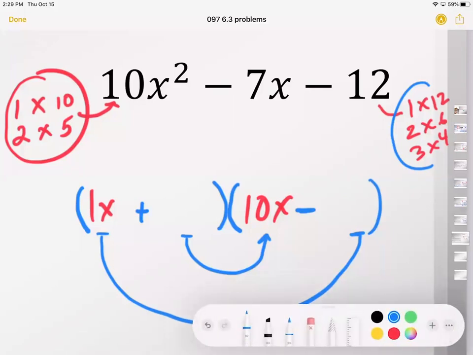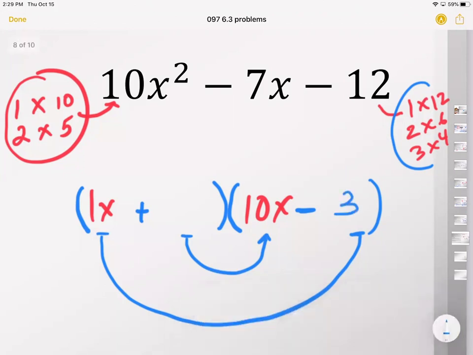If I do the 3 and the 4, I can only put the 3 here and the 4 here. If you FOIL them out, 4 times this gives you 40, and 3 times that gives you negative 3, which is 40 minus 3. That gives me 37, and it's not 7, right?